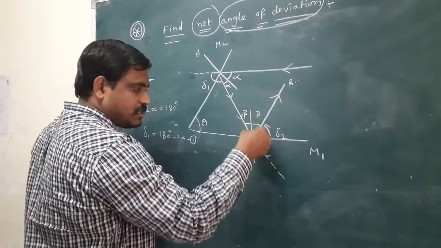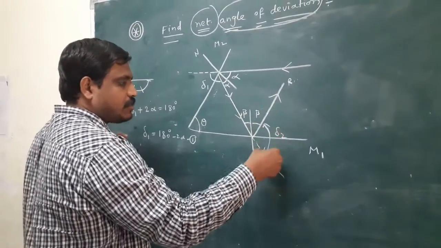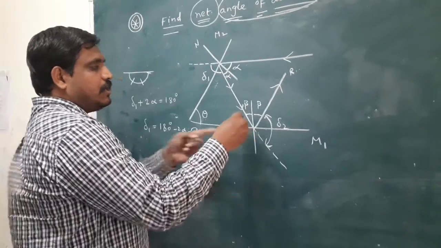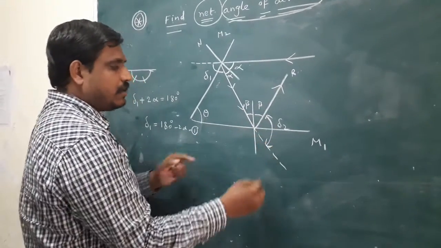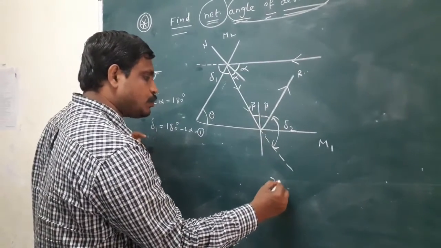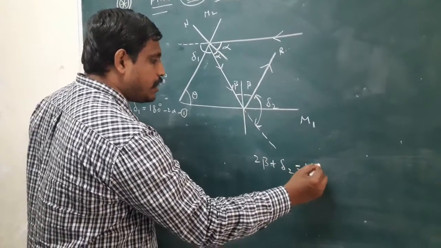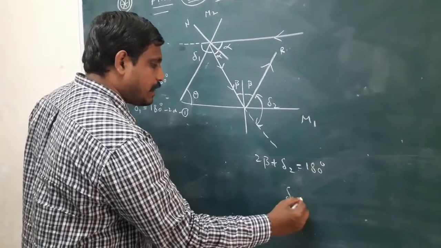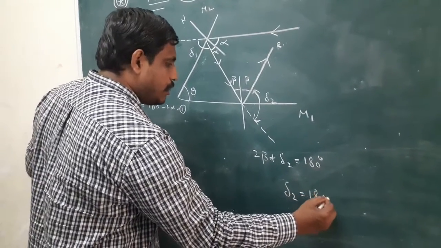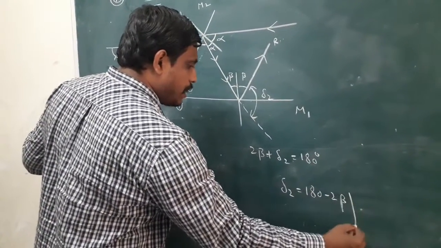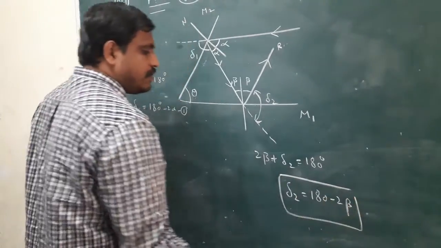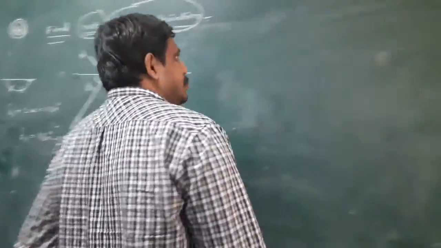Here also the total angle is 180. That means 2 beta plus delta 2 equals 180 according to the diagram. What is the delta 2 value? 180 minus 2 beta.